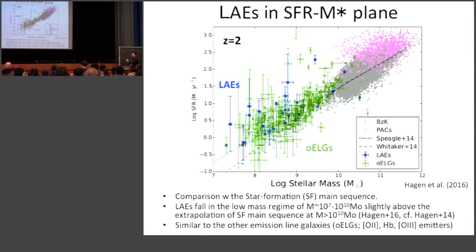Of course, with strong Lyman-alpha emission you need active star formation, so this is quite clear. So maybe Lyman-alpha emitters are populous and quite representative of low-mass star-forming galaxies, showing some starburst.